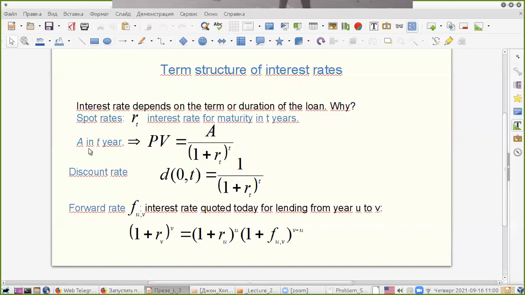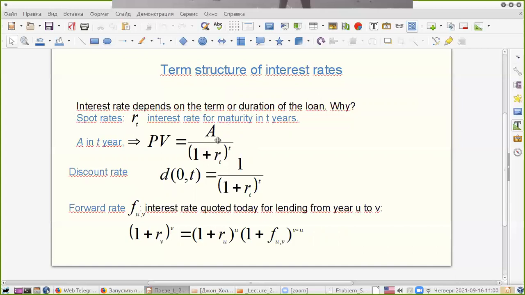And in T years we can find the present value, and let's understand how we can get this formula. For example, we know the amount of money we would like to have at the end of the period.